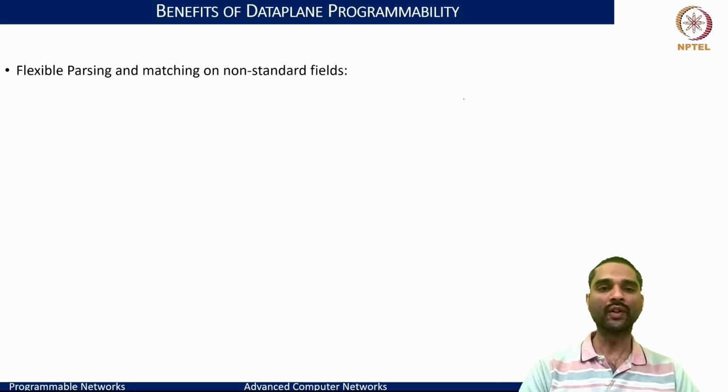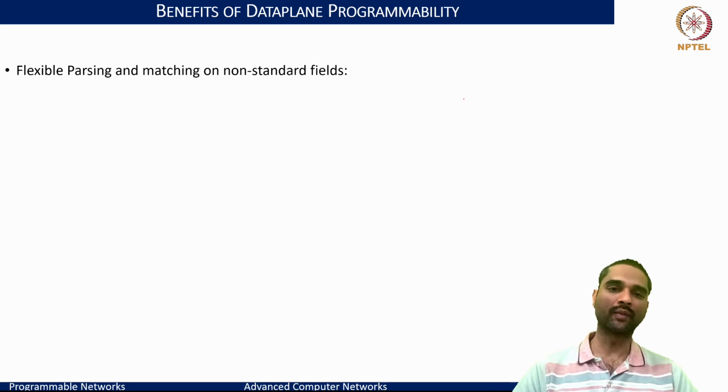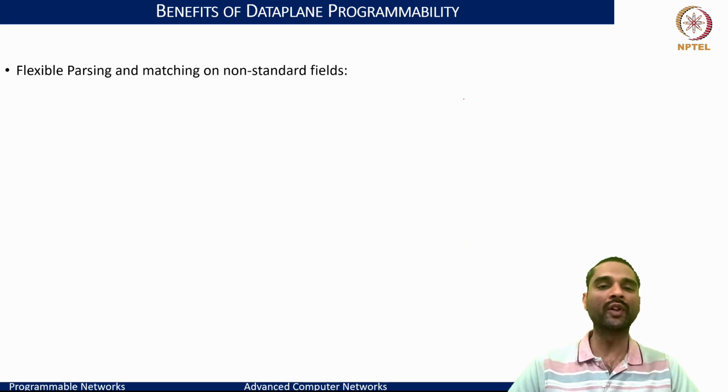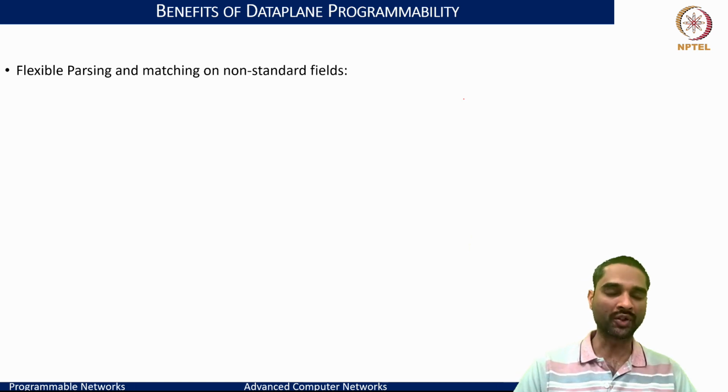And with this, what we would really end up seeing is flexible parsing and being able to match on non-standard fields. That means we would be able to program the parser to match on different kinds of fields which may be custom built and not necessarily standardized.